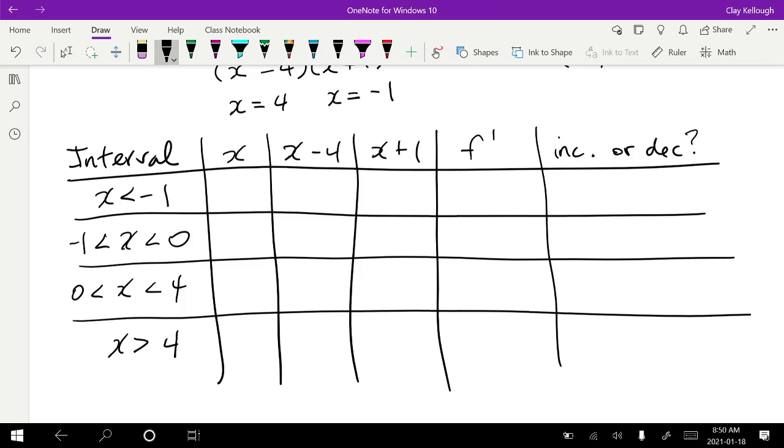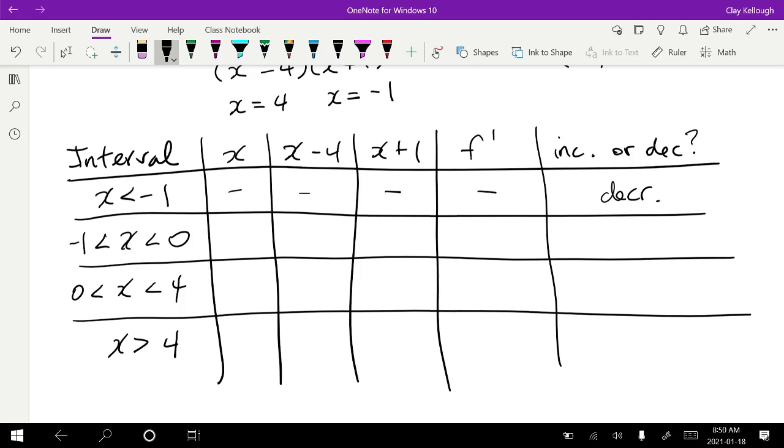Okay? All right. -2 sounds like the easiest number to work with that's smaller than -1. So that makes that a negative, that a negative, that a negative. A negative times a negative times a negative is negative. So we're decreasing when we're left of -1.